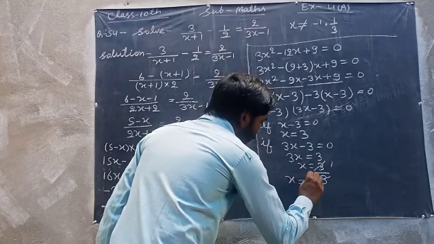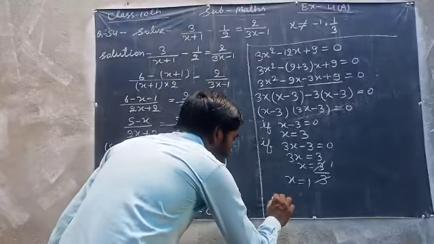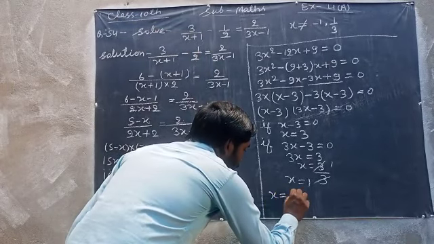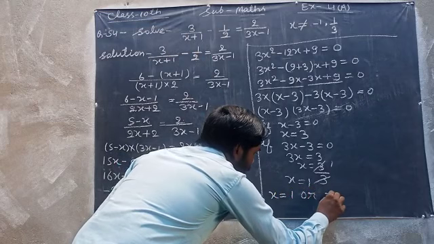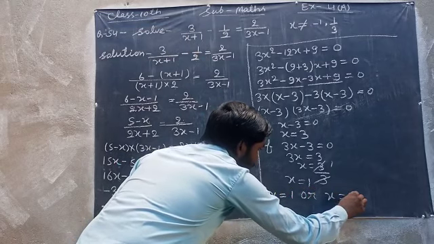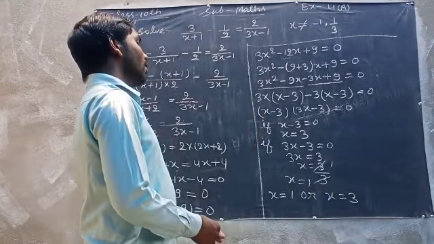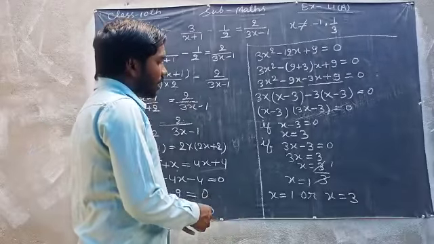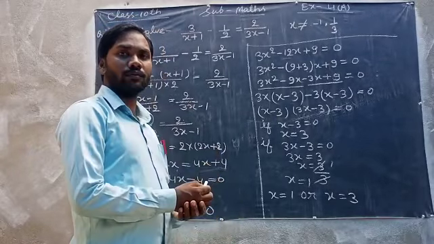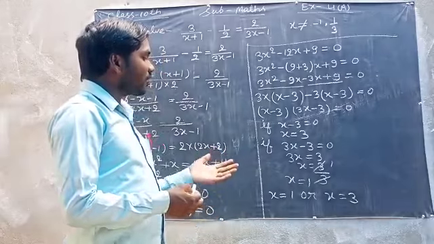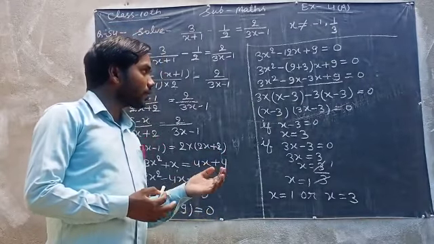So x is equal to 1. So we get the value x is equal to 1 or x is equal to 3. These are the two solutions for the given quadratic equation.